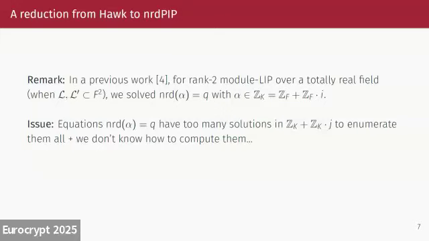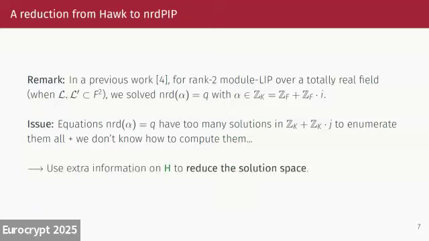But in the case where you are looking for solutions alpha which are quaternions, you can prove that there are too many solutions to hope to enumerate them all. And also, we don't know how to compute quaternions satisfying this equation.